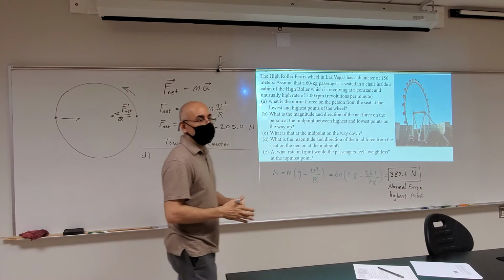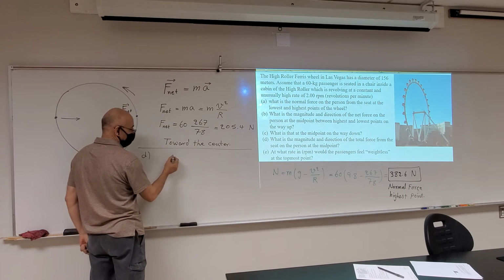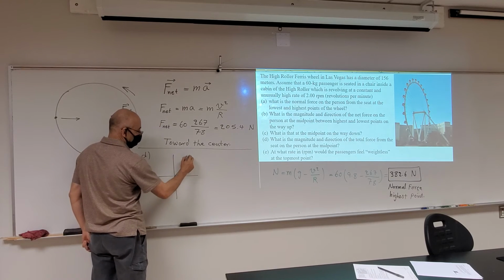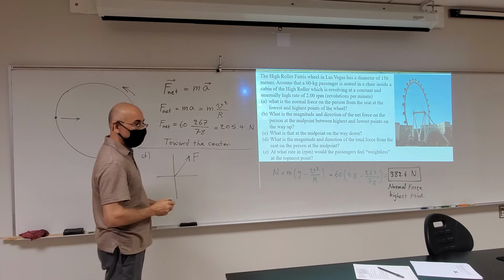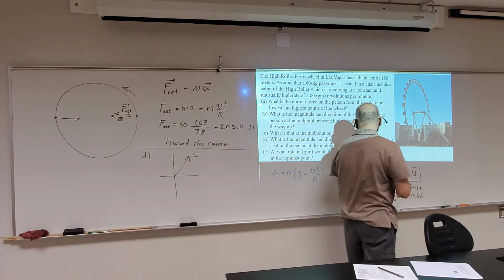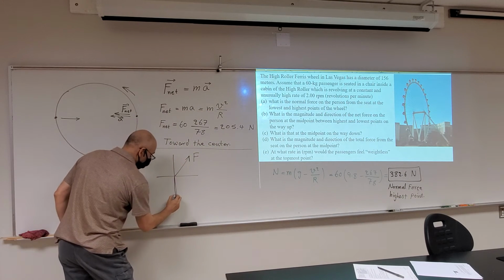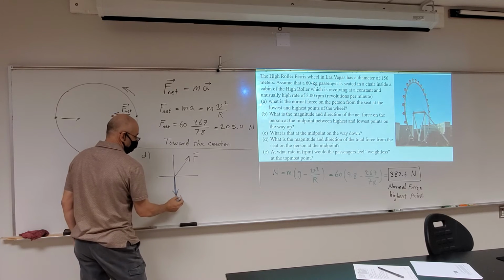There's nothing else. So if you do the free body diagram, you have a certain direction for the force from the chair. And there's gravity, mg.